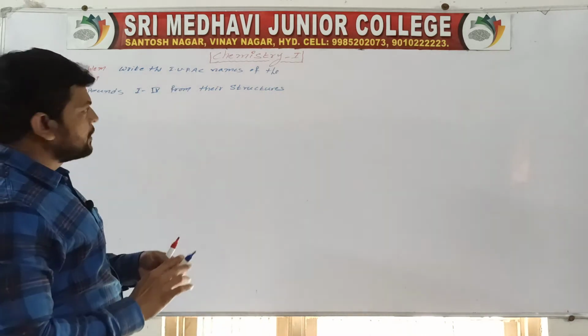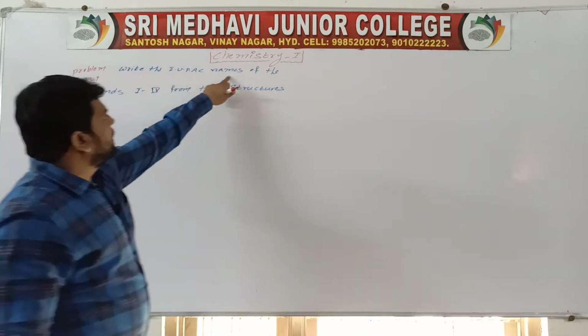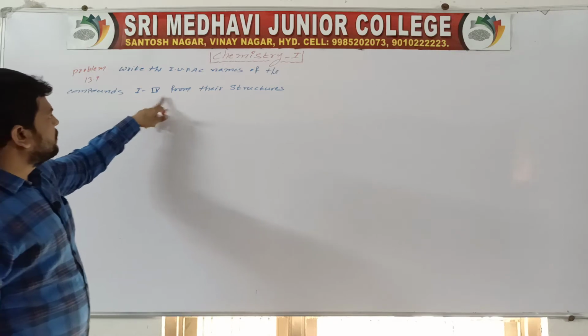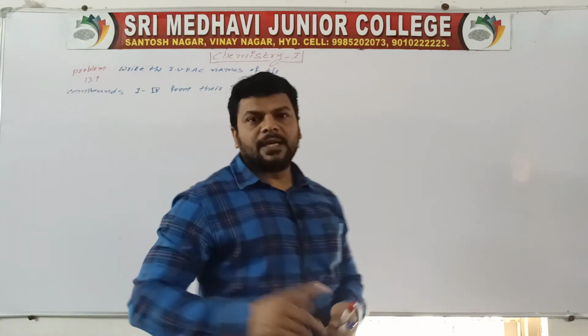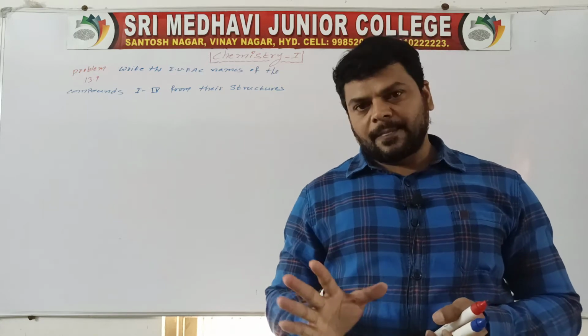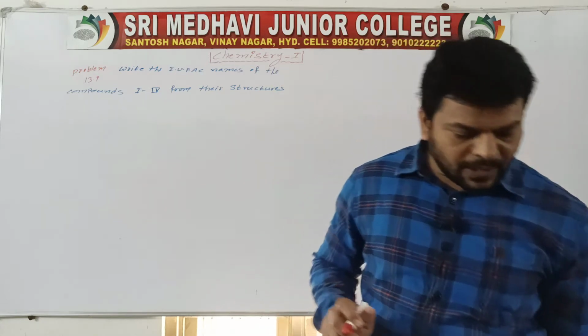See, this is the problem. Write the IUPAC names of the following compounds 1 to 4 from their structures. Here the structure is given, and we have to write its name.